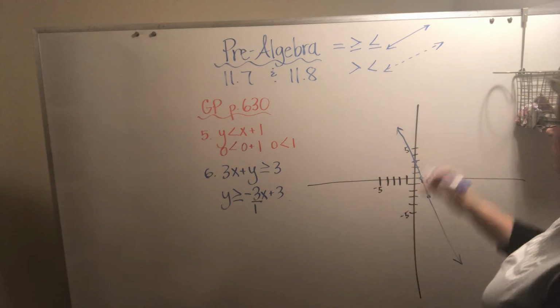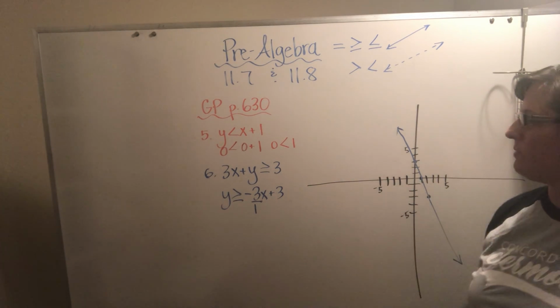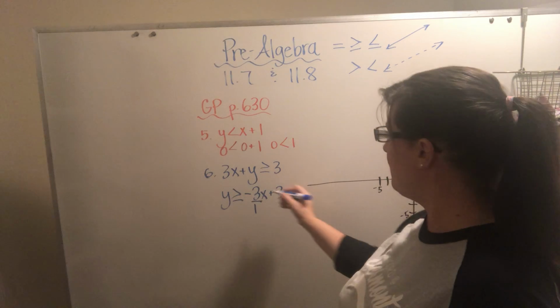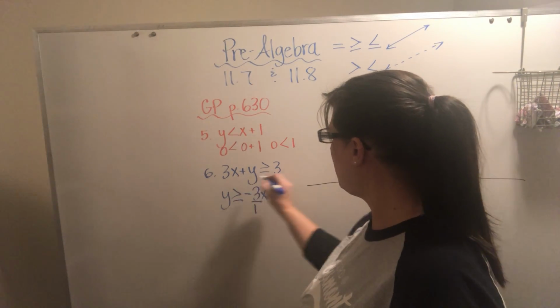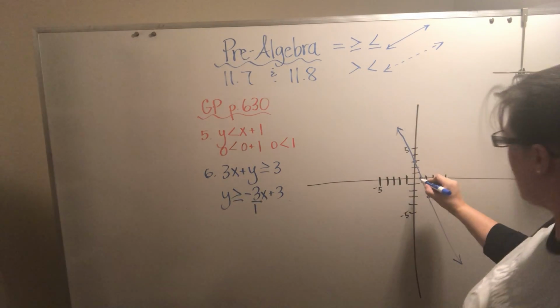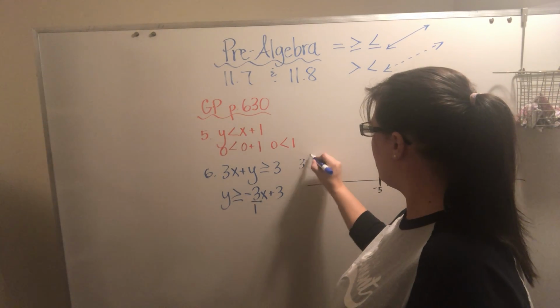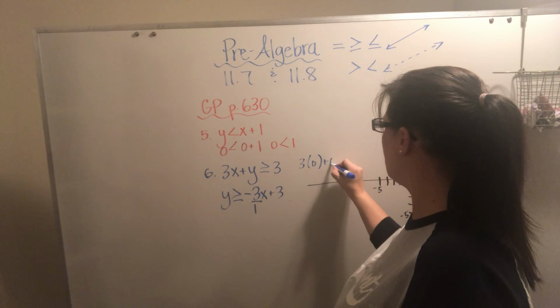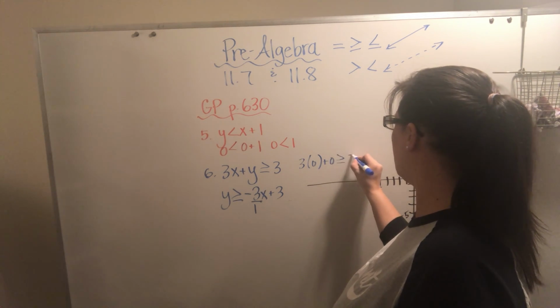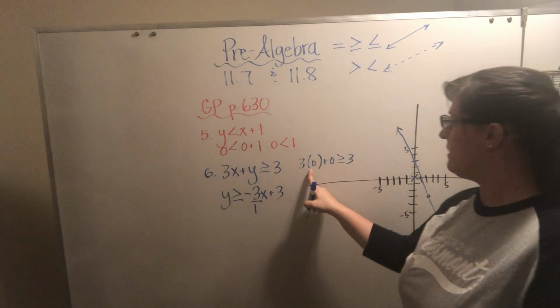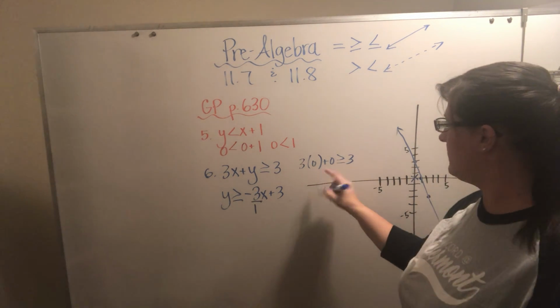Now, which side am I talking about? Which side is going to be greater than? Well, I'm going to put 0 in for x and for y. Remember, I like to pick my origin. That's the easiest way to put it. So 3 times 0 plus 0 is greater than or equal to 3. 3 times 0 is 0 plus 0.